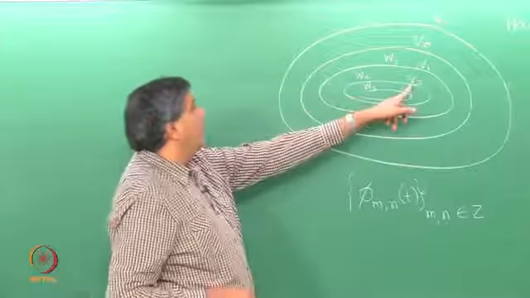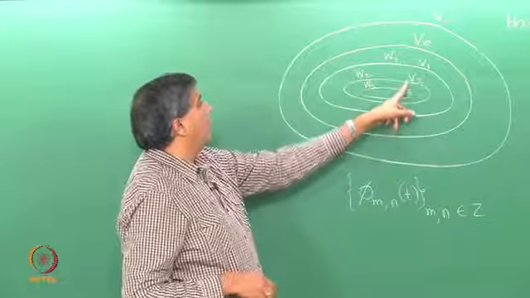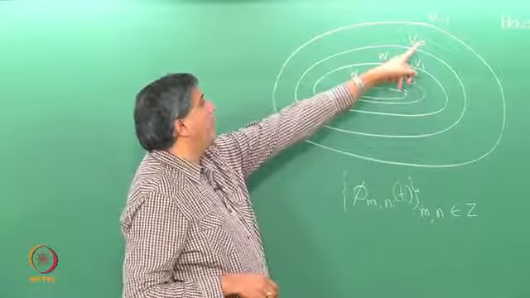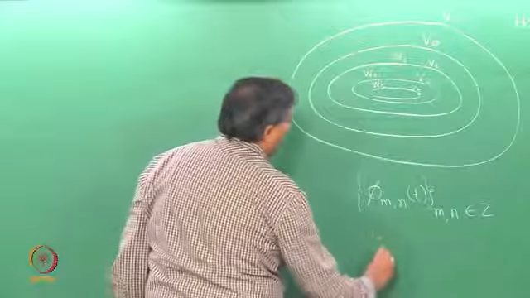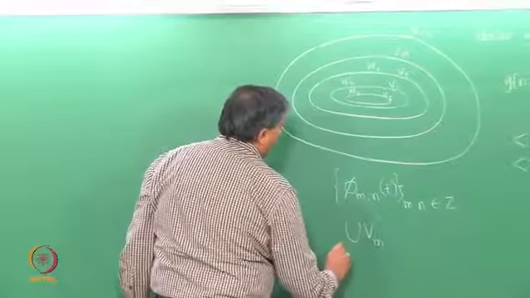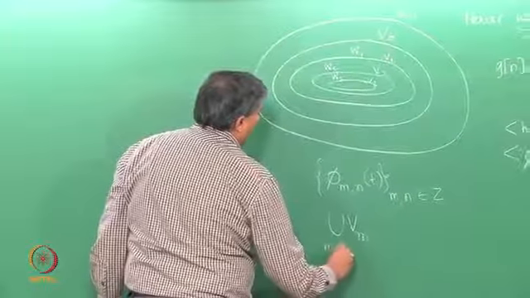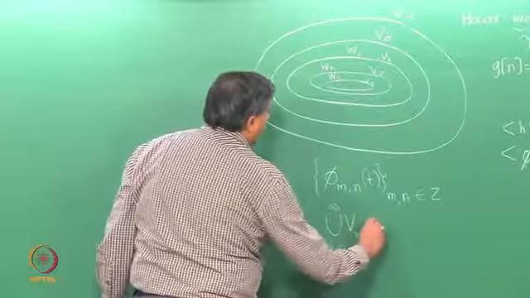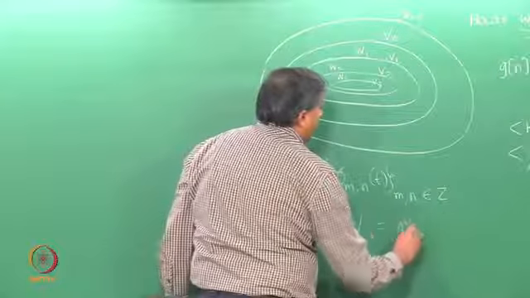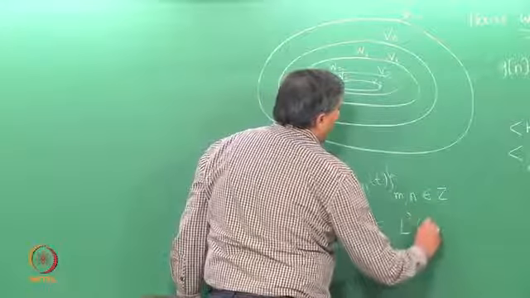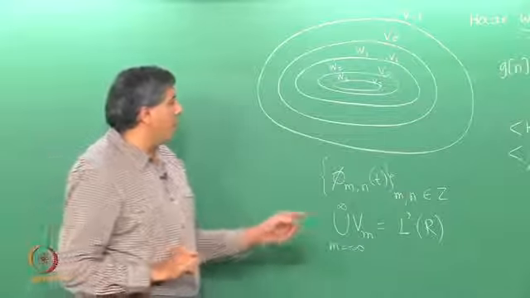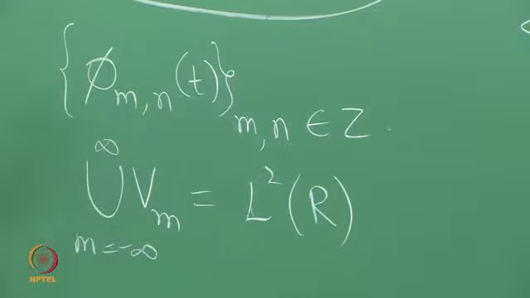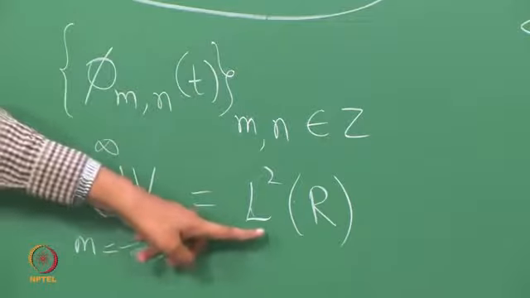Definitely, the union of Vm as m runs from minus infinity to infinity is the space of finite energy signals, there is no doubt about that. But what is not true is that this is a basis for L2R.